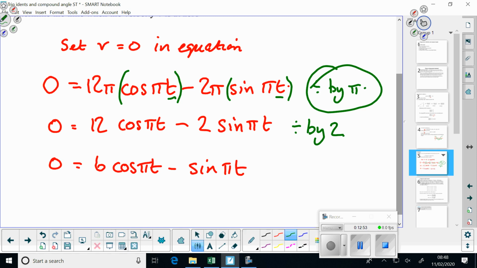What about if we need a situation where we can divide by cos pi t? We can't do that at the moment because the sine pi t is there as well. So how can we get sine pi t over the other side?